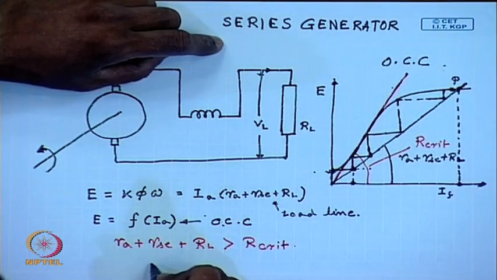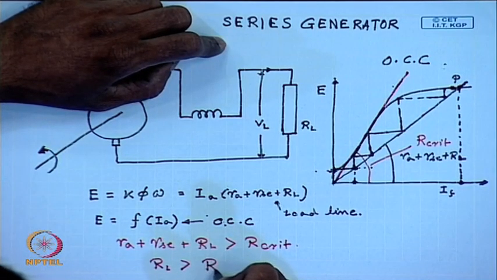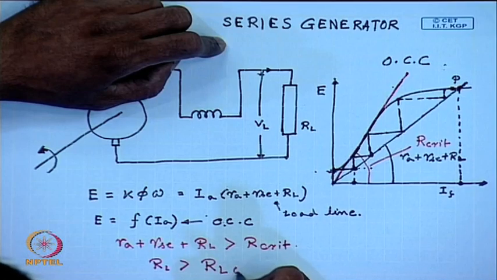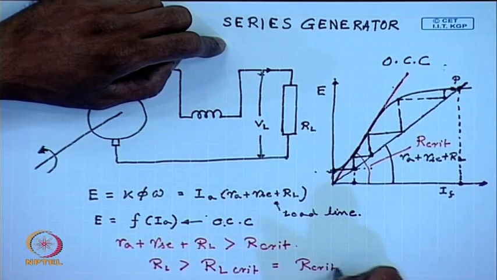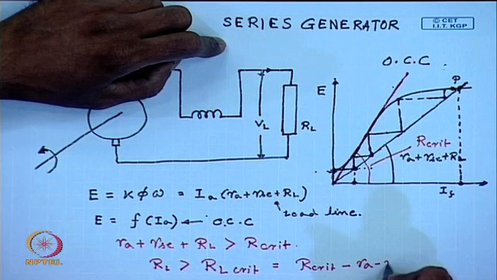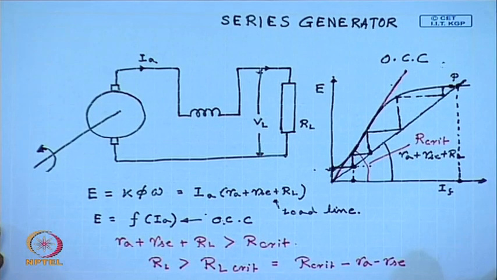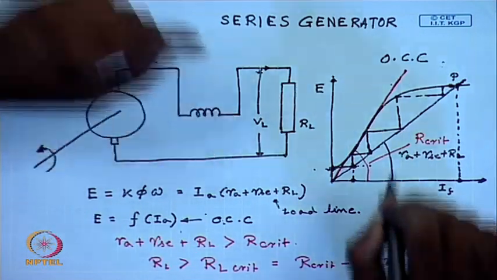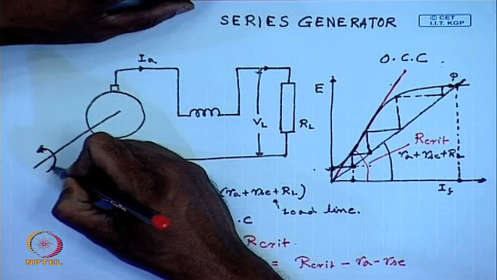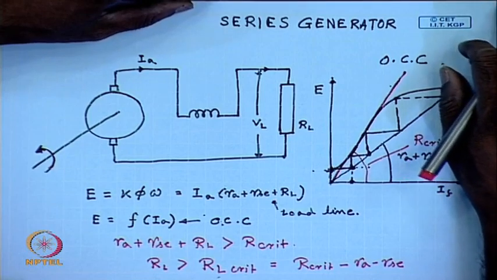In other words, if the load resistance is greater than some critical load resistance, which is equal to R critical minus RA minus RAC, then this series generator will fail to build up. It should be noted that the value of the resistance R critical or RL critical is a function of the rotational speed of the generator. Higher the rotational speed, higher is the value of this R critical.